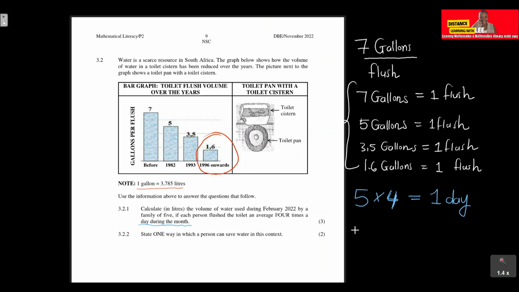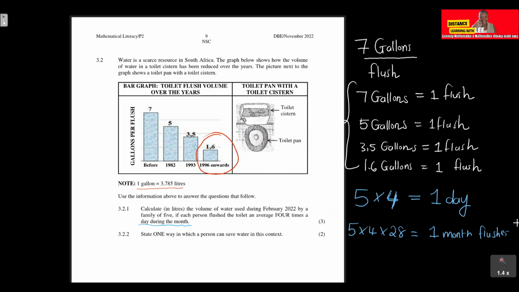If it's a leap year, it has 29 days, and if not, it's just 28 days. But in 2022 it just had 28 days. So whatever we have here, we will still need to multiply by 28 to get how many flushes these people did in 1 month, the total number of flushes this family did in 1 month.